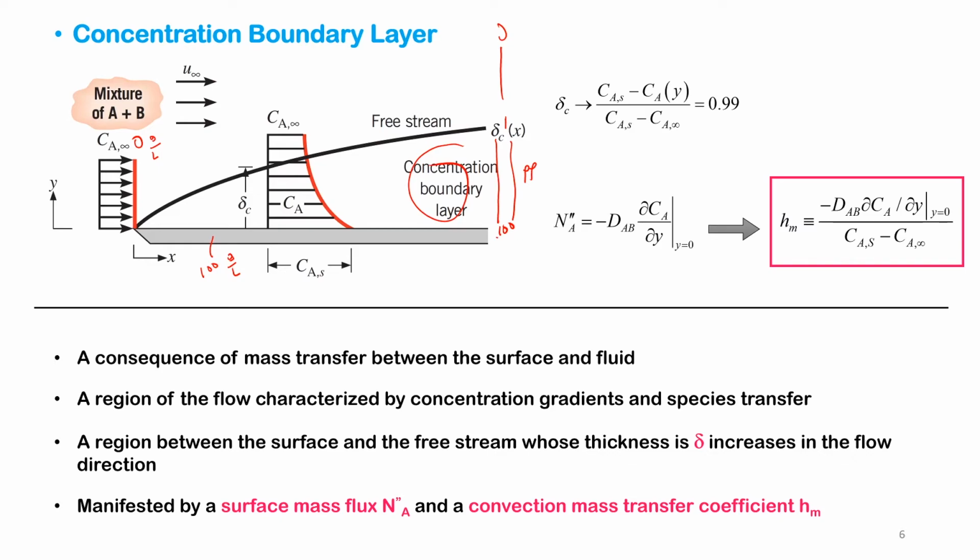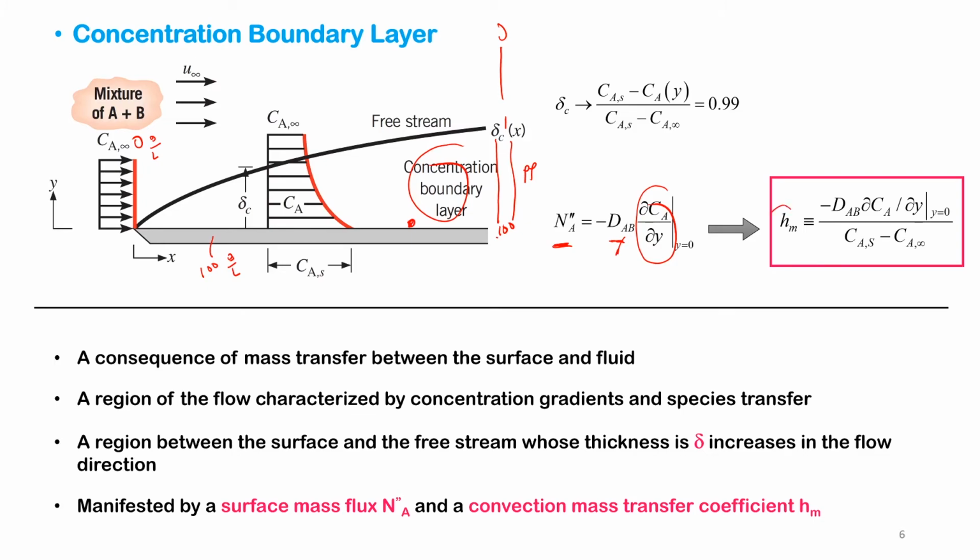So in terms of the equations, we have mass flux, which is diffusivity times the concentration gradient evaluated at the wall. And again, this is the diffusivity of species AB here.